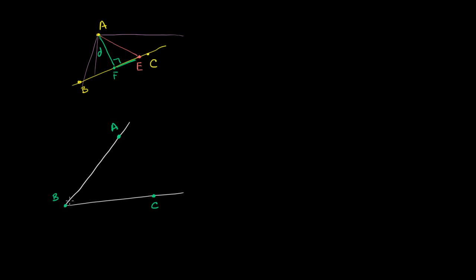So for example, if we want to bisect angle ABC, so this angle right over here, we want to split it in two. Let me draw a little bit better. All right. And so let's call this point right over here D, and we could call that a ray, or a segment, or whatever.